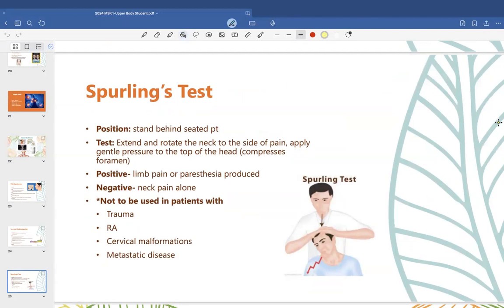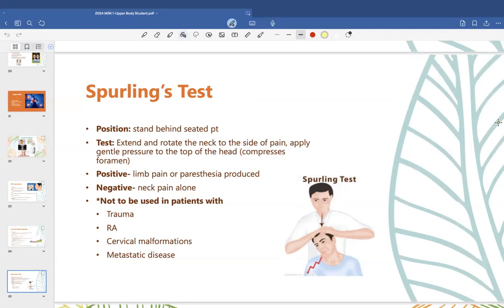So if I have left-sided radiculopathy, you'd extend my neck, turn towards the left side, and then someone would gently apply axial, or straight down, compression to see if you can reproduce the symptoms. So basically, you're mechanically loading the area that's going to compress. You're actively trying to compress that nerve and see if you can get the symptoms to reproduce.